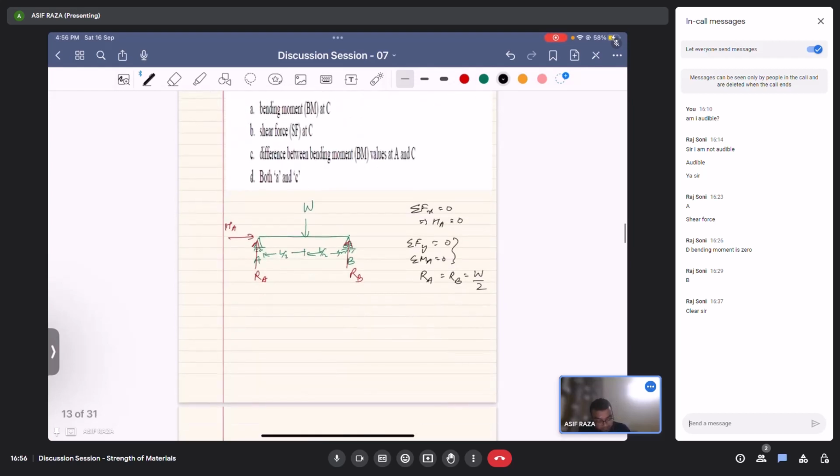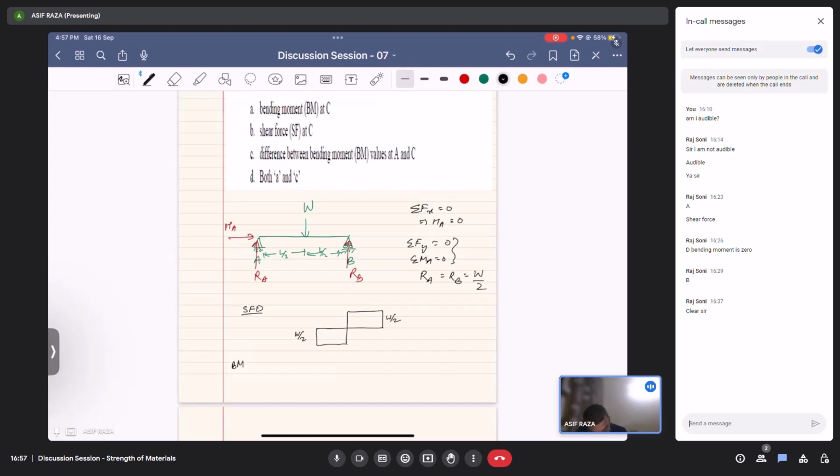So the shear force diagram, if I take right side upward positive, would be like this, and then this: W by 2, W by 2.